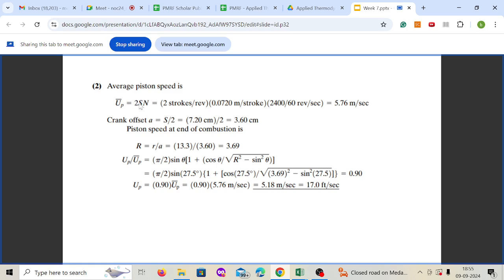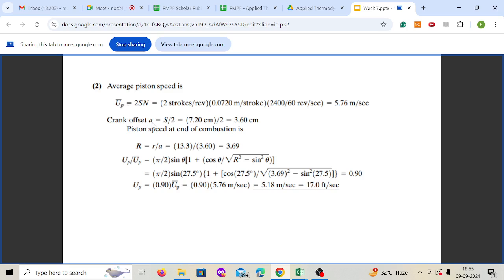So 2 strokes per revolution, times the stroke length of 0.072 meter per stroke, times the revolutions, 2400 divided by 60 revolutions per second. This comes out to be 5.76 meters per second. This is the average piston speed.